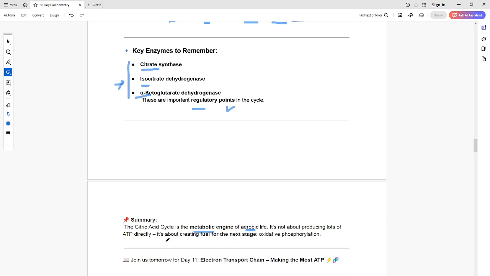But it's about creating fuel, which is NADH and FADH2, for the next stage, the electron transport chain, where we oxidize these electron carriers NADH and FADH2 and use them to synthesize ATP in a process called oxidative phosphorylation on the electron transport chain. Join us tomorrow for day 11, electron transport chain, making the most ATP.